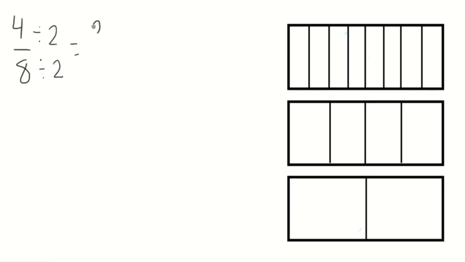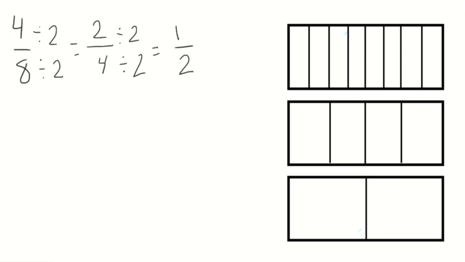What's 4 divided by 2? 2. What is 8 divided by 2? 4. What is 2 over 4 going to be reduced to? Well, I can divide both of these by 2. 2 divided by 2 is 1. 4 divided by 2 is 2.